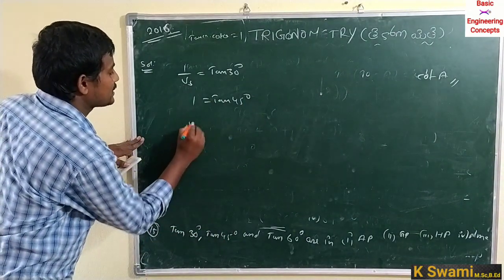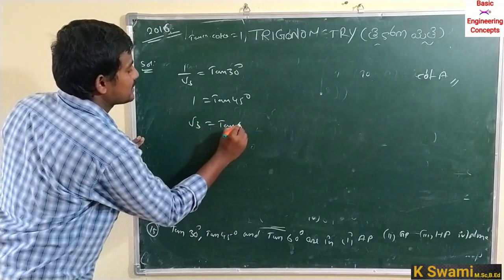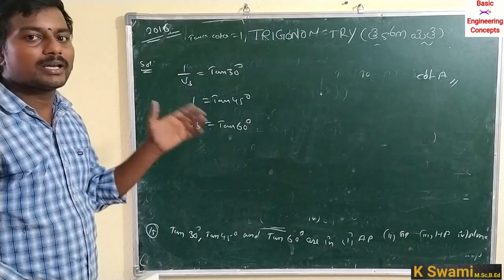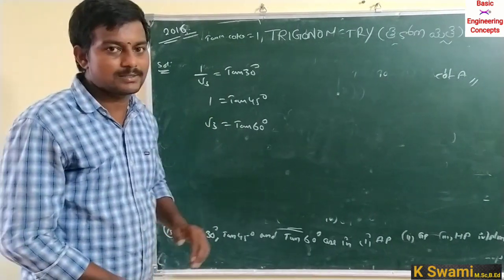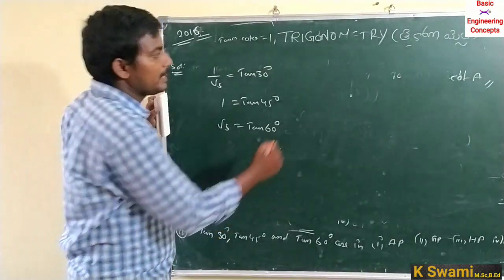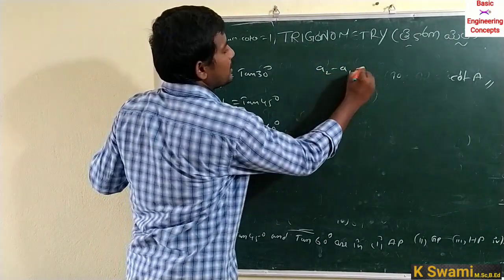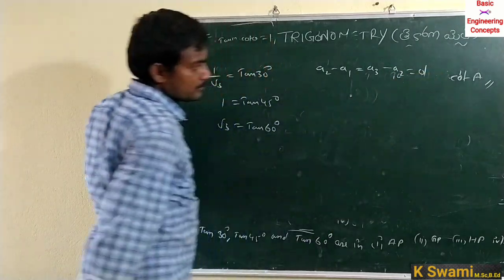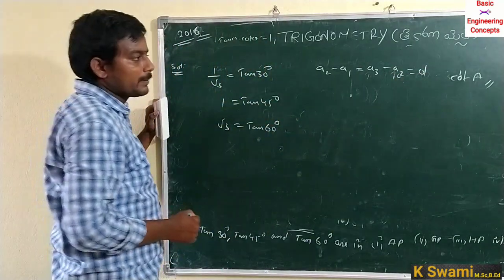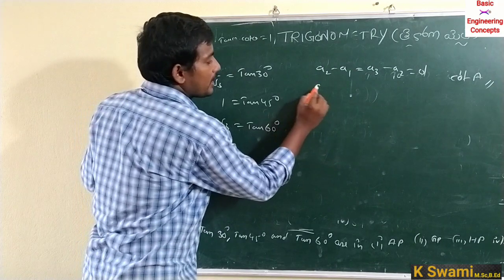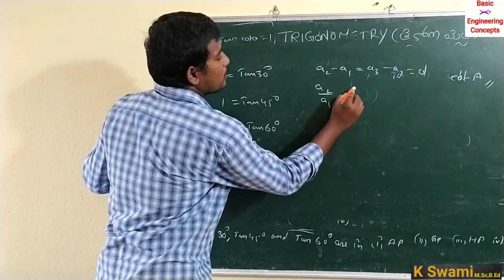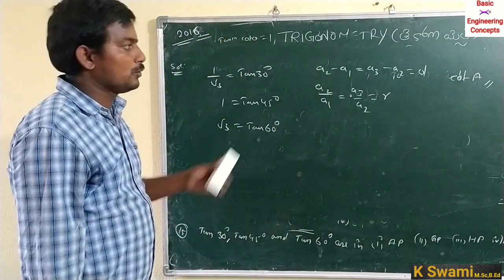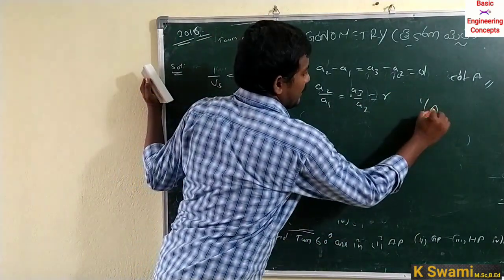AP means the common difference of any two elements is equal: A2 minus A1 is equal to A3 minus A2 is equal to D. GP means common ratio: A2 by A1 is equal to A3 by A2 is equal to R. HP means 1 by AP.